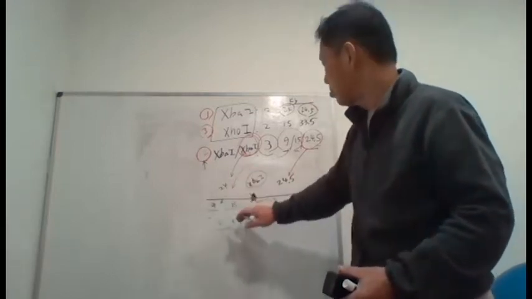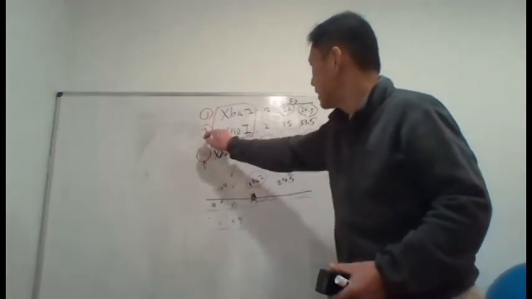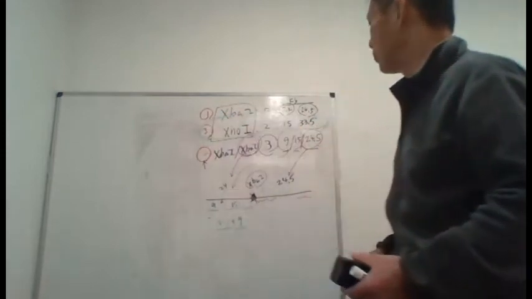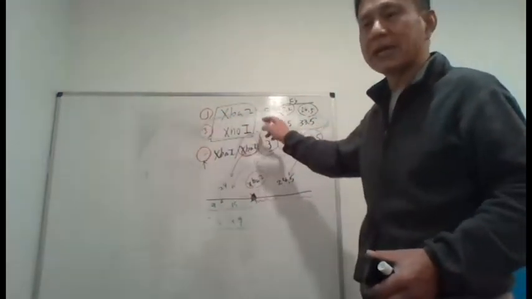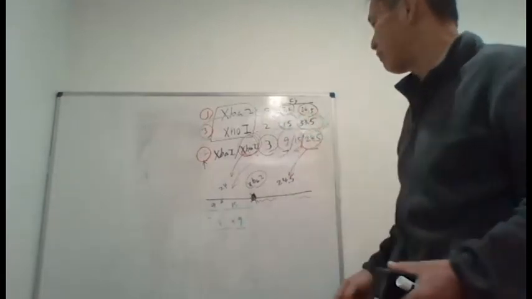To finalize the XHO1 location, this is step 3. Step 3 tells you that when you cut with XHO1, you produce 15 and 33.5.